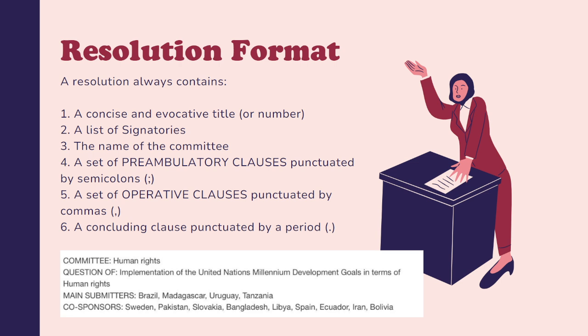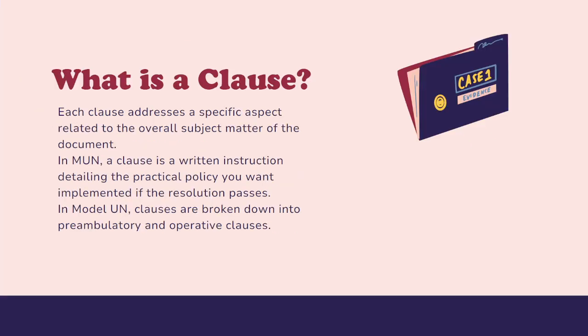It should contain a list of the signatories, main submitters, co-sponsors, and the name of the committee that it's in. Then it should start with the preambulatory clauses, which are punctuated by semicolons, followed by the operative clauses, which are punctuated by commas, and a concluding clause punctuated by a period, which means that your last operative clause would end with a period. Now, I've mentioned clause a lot of times, so you need to know what clauses actually are.